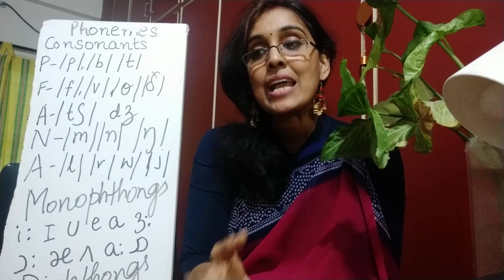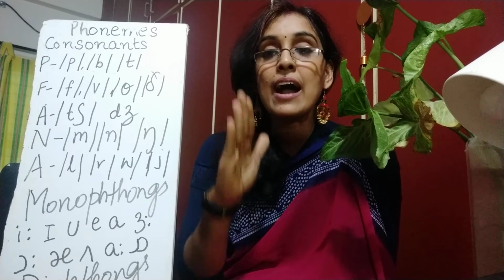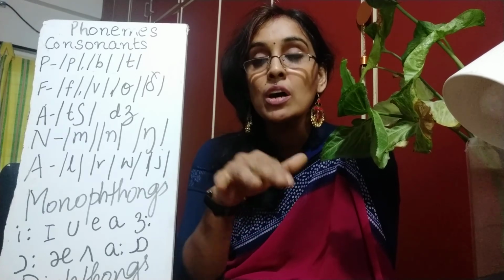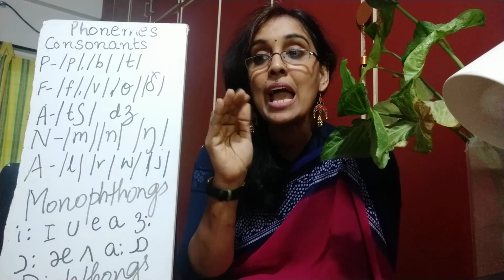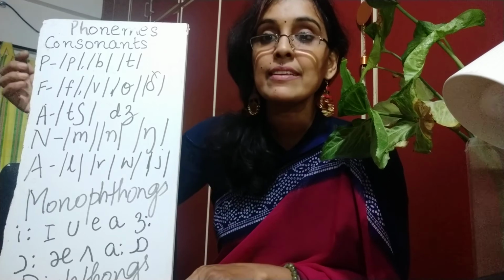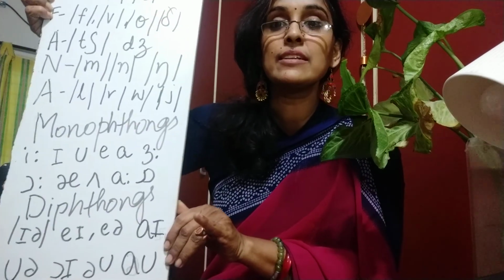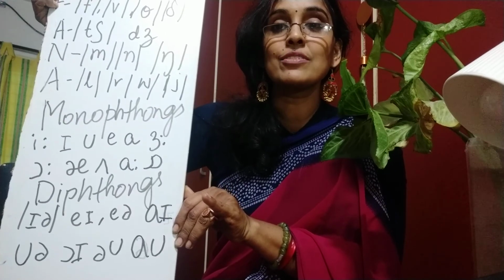They are ai, ei, air, ia, ua, oi, eu, and ow. I think diphthongs are not visible for you. These are the sounds categorized under diphthongs.